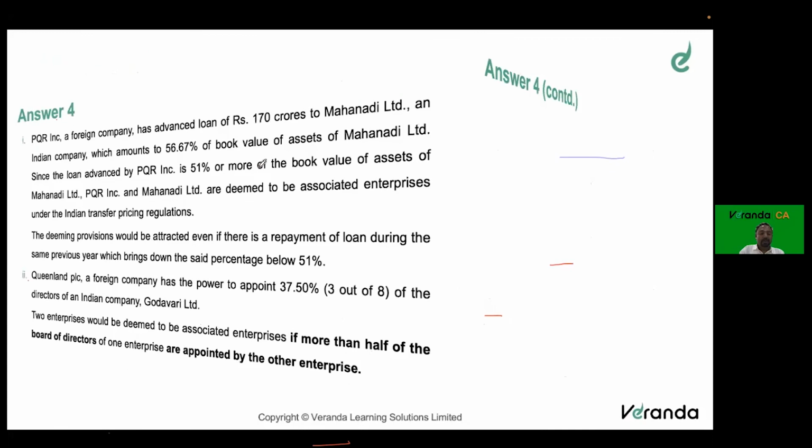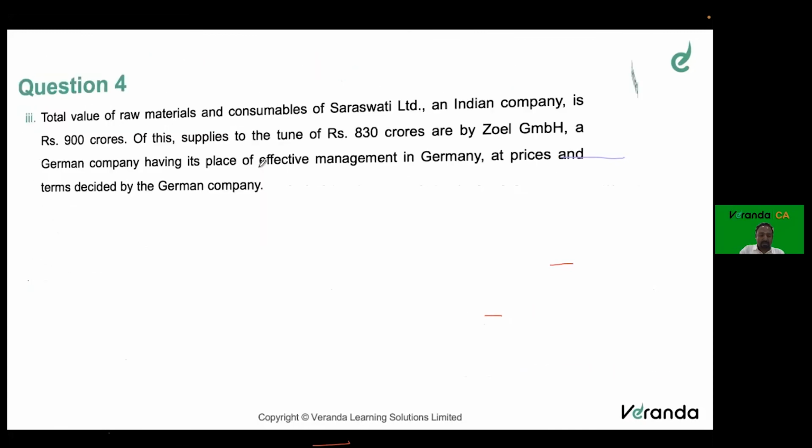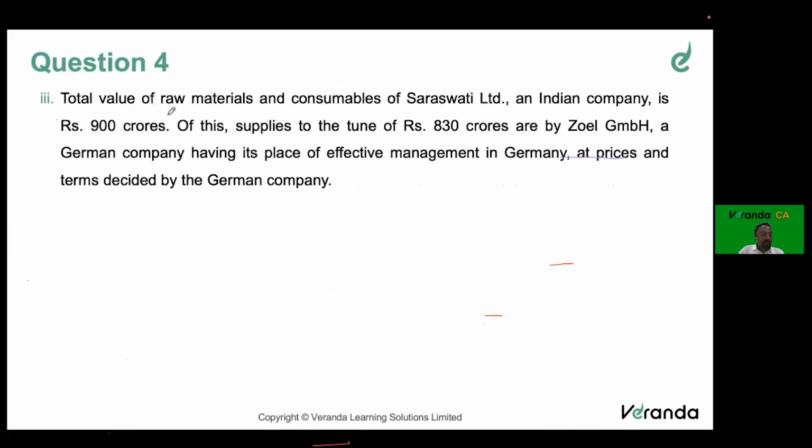So we'll move on to the last part of this question. There is a total value of raw materials, right? So we were just saying what all is probably considered. One of the things that is considered and deemed to be associated enterprises is the quantum of purchase of raw materials from one particular entity which determines the pricing policy. So the proportion that I've given is 90%.